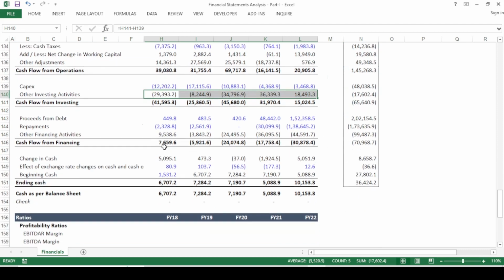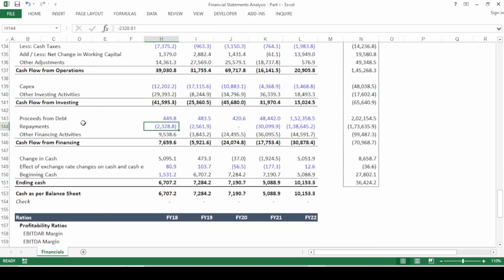After this, we have the cash flow from financing section, under which we define either the proceeds from the debt or the repayments of the debt. This can include the interest costs or the borrowing costs basically.